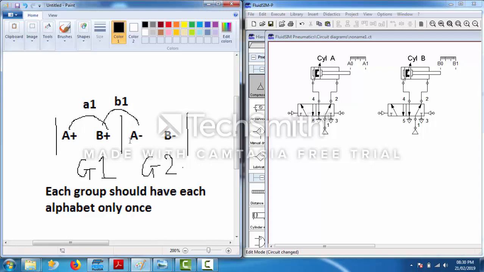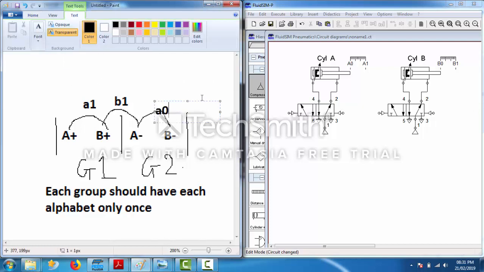But who tells the controller that A minus position has been reached? It is this sensor A0. A0 will tell us that the piston A has reached A minus position and piston B should start moving inwards. That is why B minus will happen only when A0 sensor is sensed.